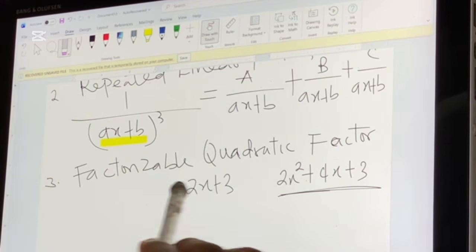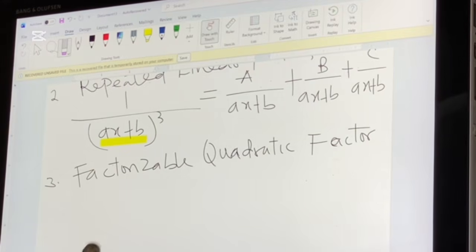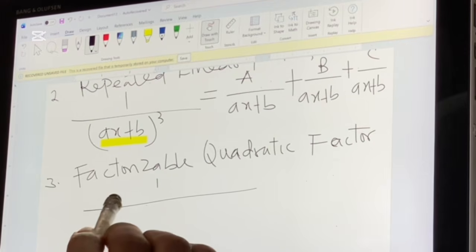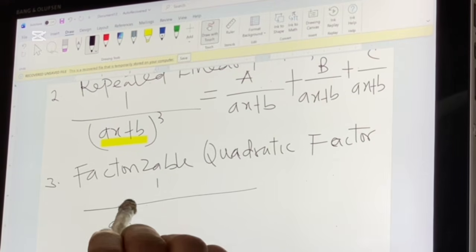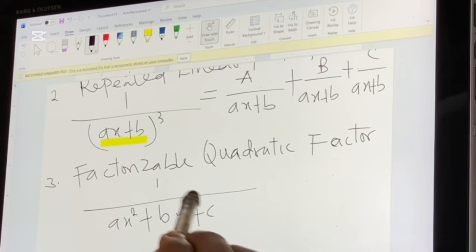So if I have something like this, class, 1 over as squared plus bs plus c.